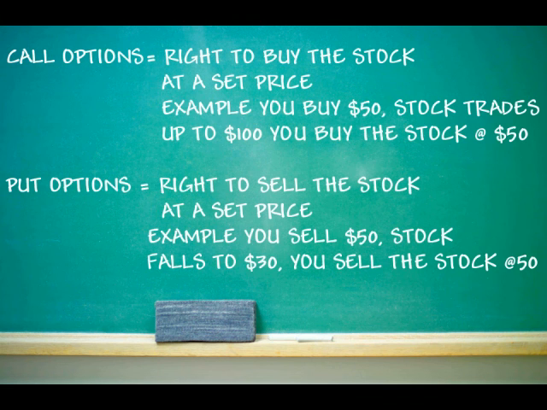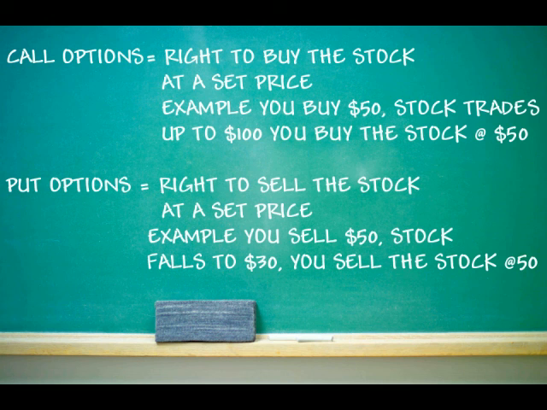We already said with the call option, the owner has the right to buy the stock at a set price on or before expiration. But let's say hypothetically, you placed a call option. You bought when the stock was at $50 per share, and now the stock is trading at $100. You have the right to buy the stock at $50, because remember, you bought when it was at 50.